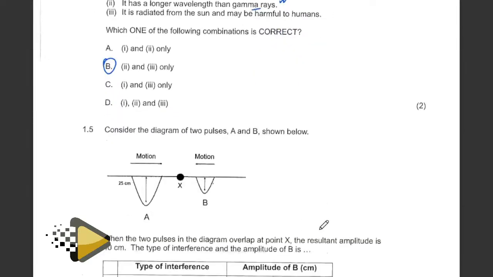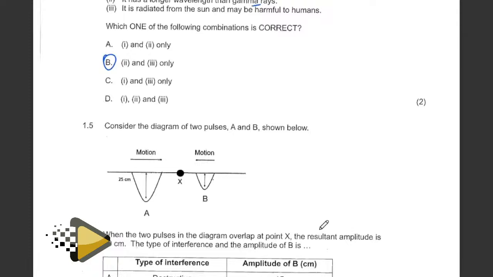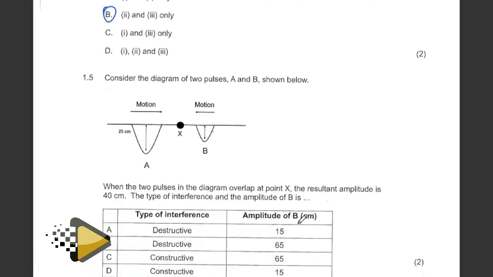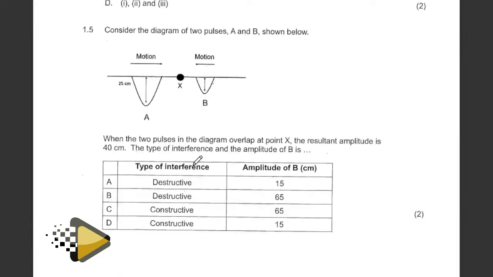Then 1.5, if we consider the diagram of two pulses A and B, I found an issue with this question, whereby we have the amplitude of A, but we don't have the amplitude of B. Let's read the question, maybe it will make sense.